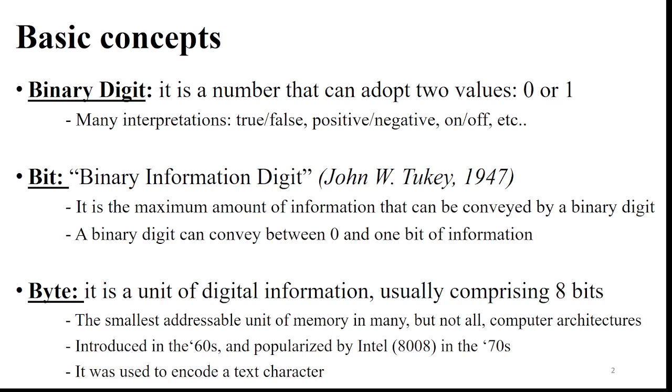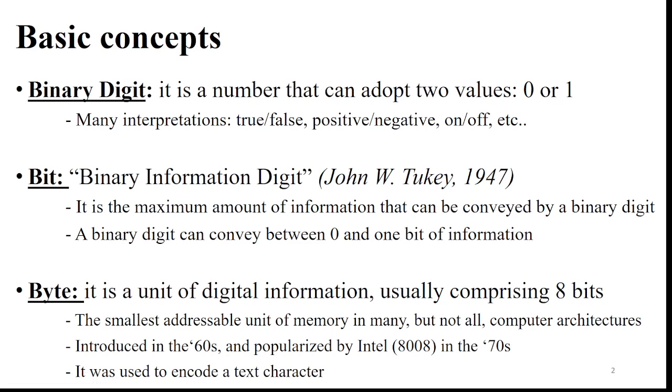A bit, as definition, is binary information digit. It refers to binary information digit. A bit is the smallest unit of information in computing. It was named by John Tukey in 1947.